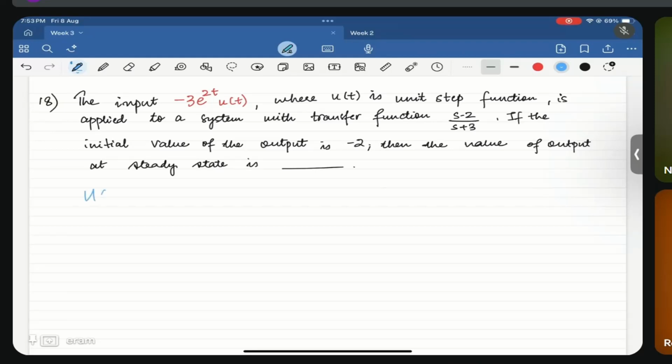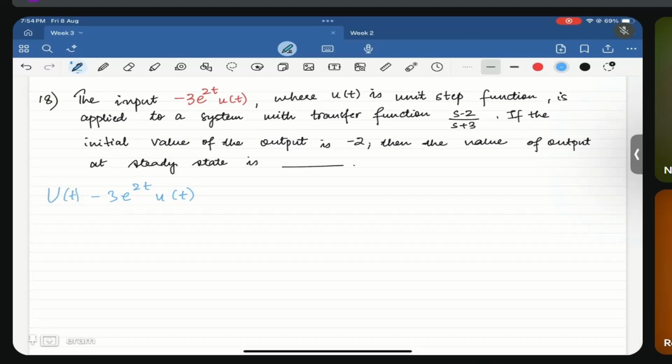So U(s) is given as, so the input is, sorry, what is the input? Input is minus 3 e to the power 2t u(t). Okay, so let's call it capital U(t).